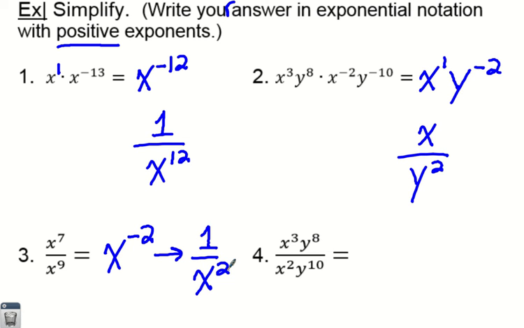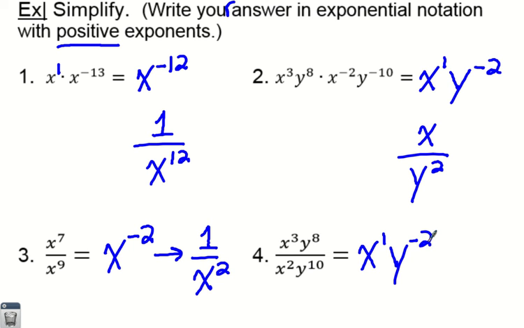Simple. Over here, likewise, these will simplify with each other, and again, we would just subtract the powers, and then same with the y's. So 3 minus 2 is 1, technically. I don't really need it there because it's a 1, but I'm probably not done anyway. 8 minus 10 is negative 2.